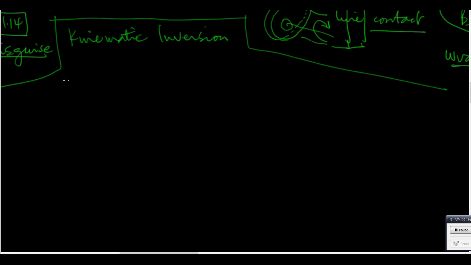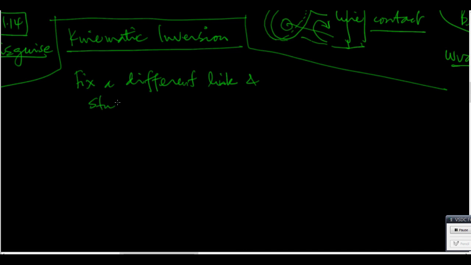What is kinematic inversion? Kinematic inversion is a situation where instead of holding one link in a mechanism fixed, we hold a different one fixed and then we study the motion. So fix a different link and study the motion.